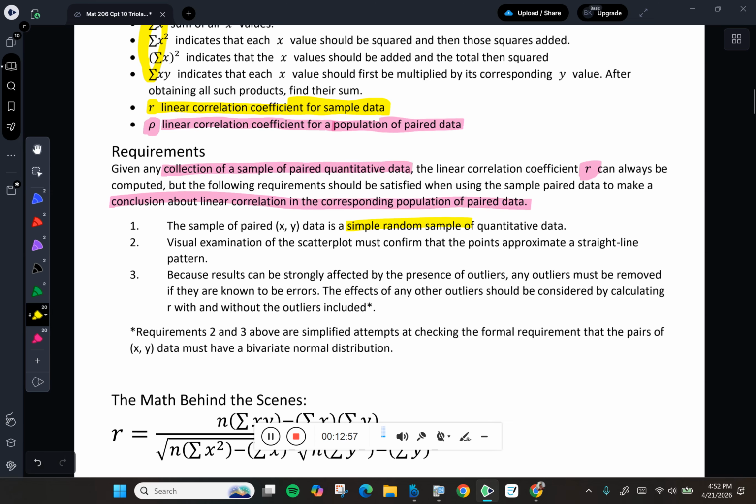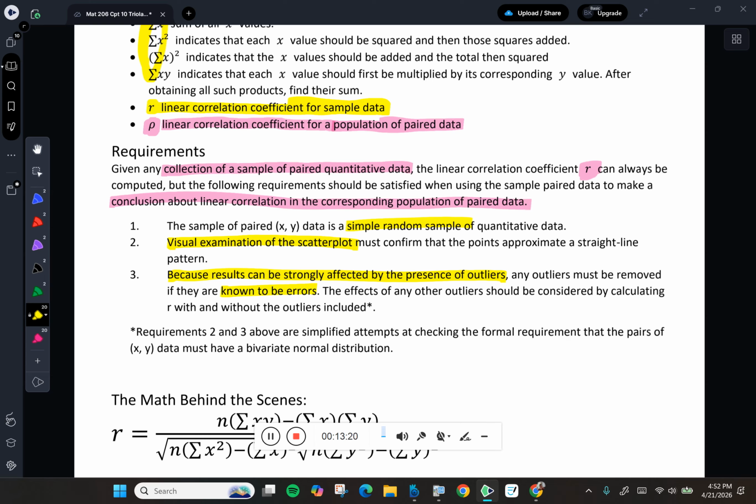I need to look at the scatter plot first and confirm that we are actually looking for some straight line pattern. And I need to check to make sure I don't have any error outliers. If I know they are outliers, they must be removed, but only if they are known to be errors.